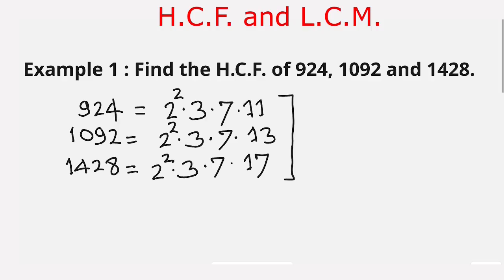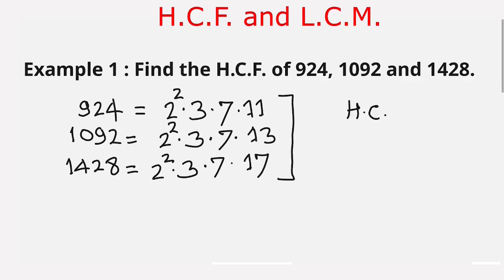Now we have to find the common factors of these numbers, and we find that 2 to the power 2 is common in all the three numbers. Then 3 is common in all the three numbers and 7 is common in all the three numbers.